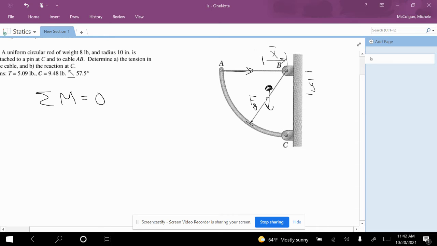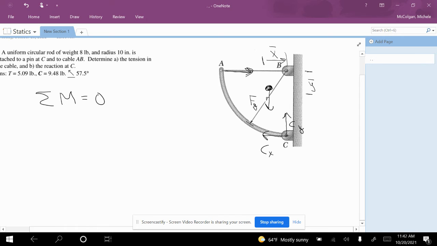So the thing creating a force is just the tension in that wire and the weight of the bar itself. There is a reaction force at C, right? If the tension is pointing this way, then C has to point the other way to balance the forces. The reaction forces at C are also up because it has to balance F g. So I've got a Cx like that and a Cy like that.